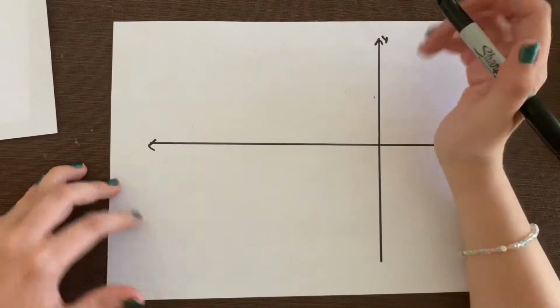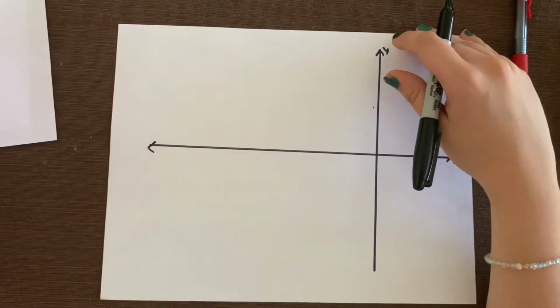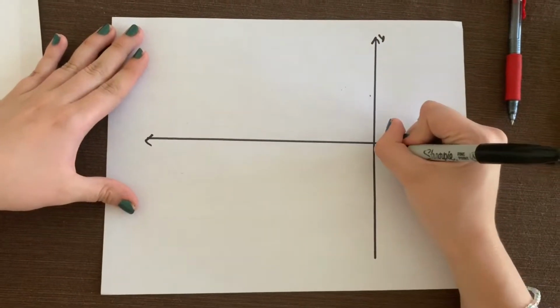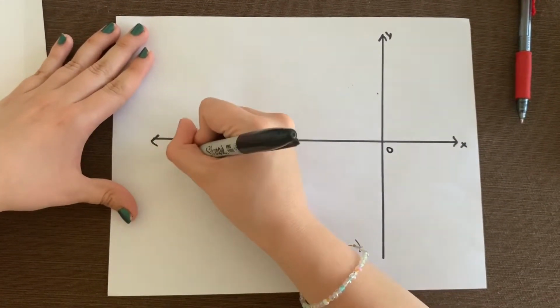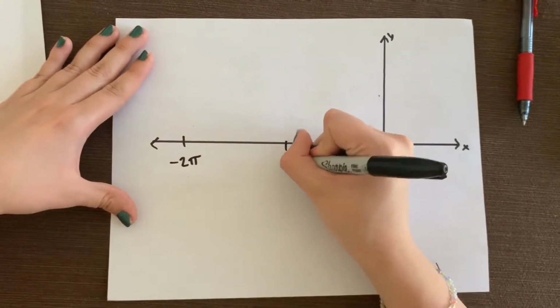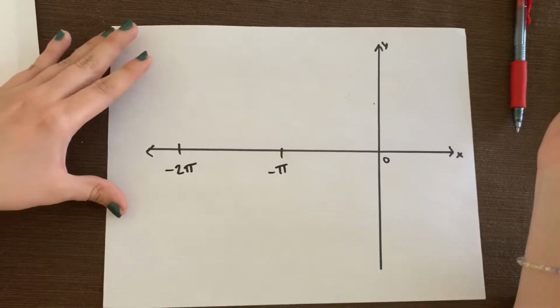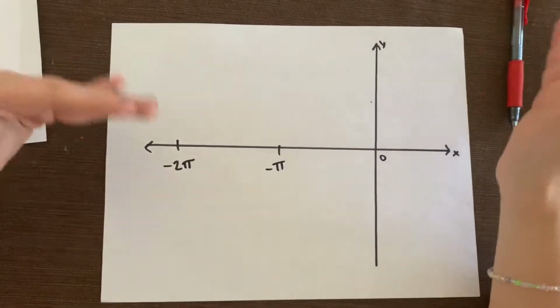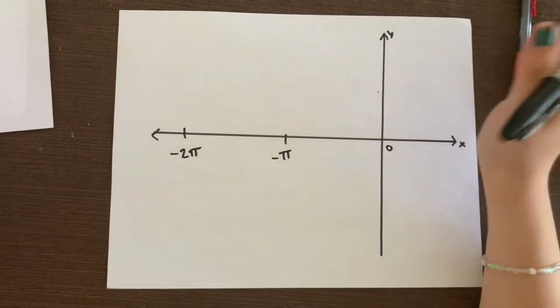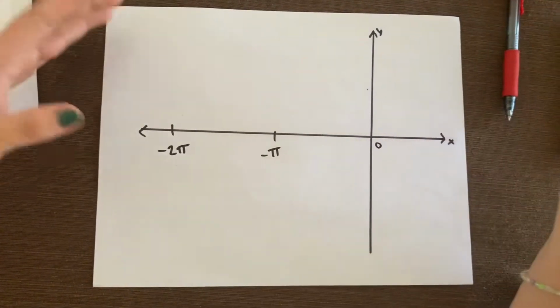Okay, so now the graph looks a little different. Since we are shifting negative, we're going to end at 0 and begin at negative 2 pi with a middle of negative pi. This is because you are shifting to the left the same period, so it's basically the same thing but starting on the negative side.